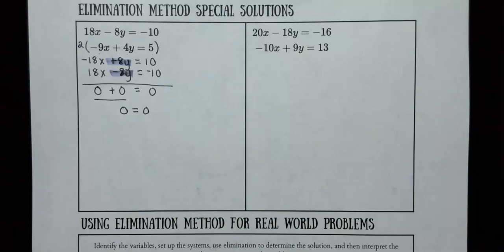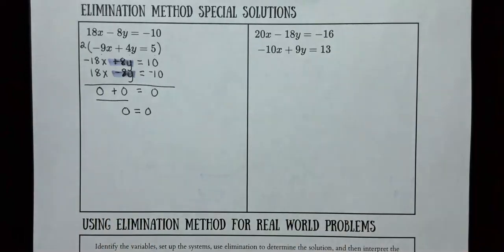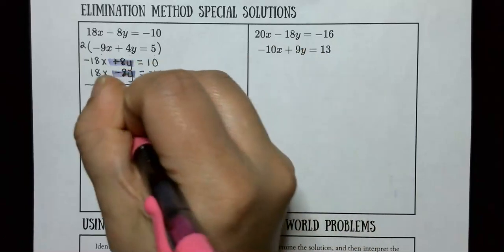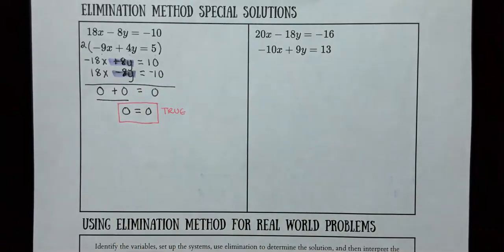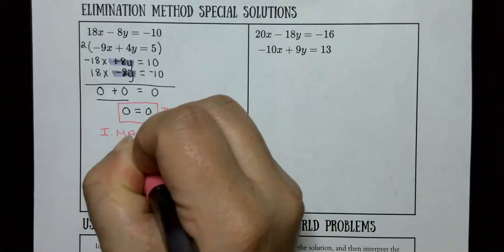So when we don't have an x, when we don't have a y, the only thing we're left to say is if what's left over is true or false. 0 is equal to 0, so this is a true statement. Because this is true, we're going to say infinitely many solutions.